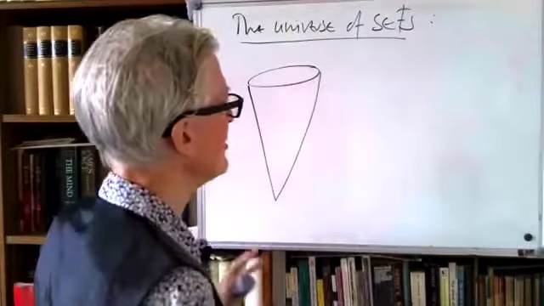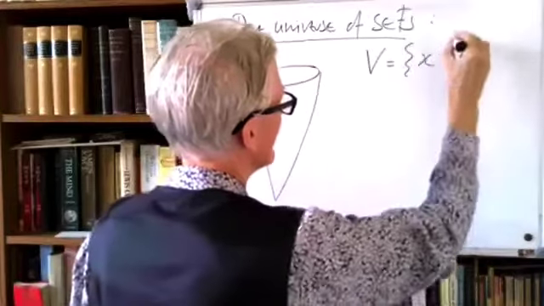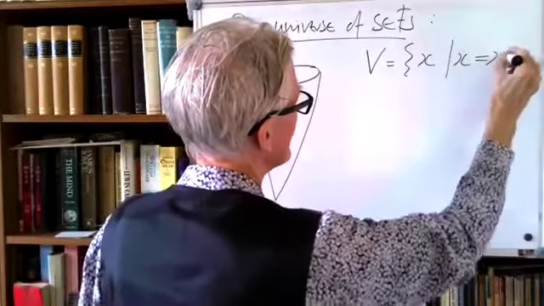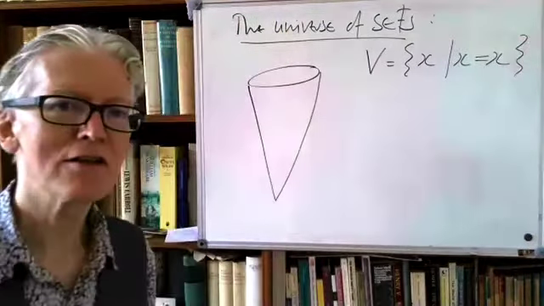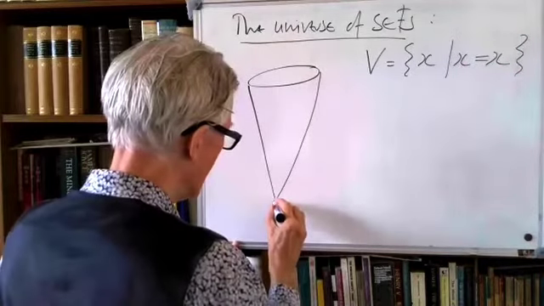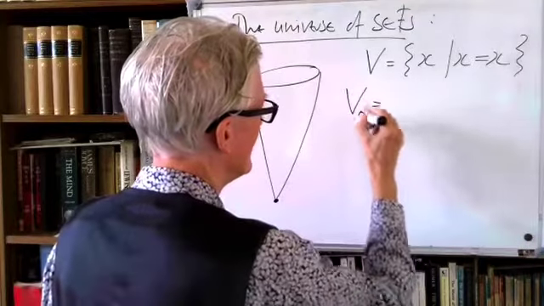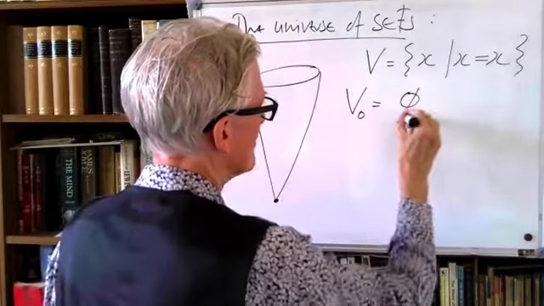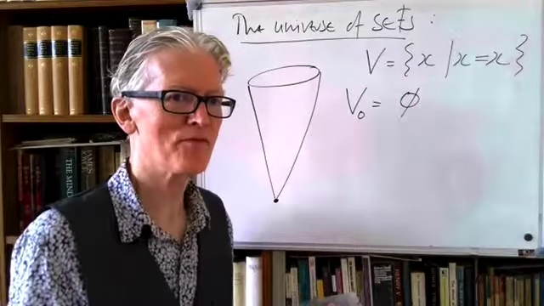It's drawn often as a cone like this. This will be the class of sets such that x equals x, so it will include every set. And we'll start out with the empty set. So we'll build this universe up out of nothing.